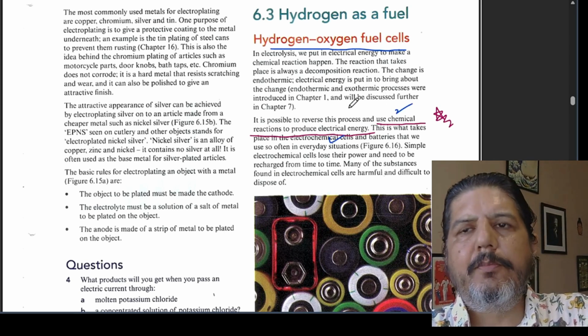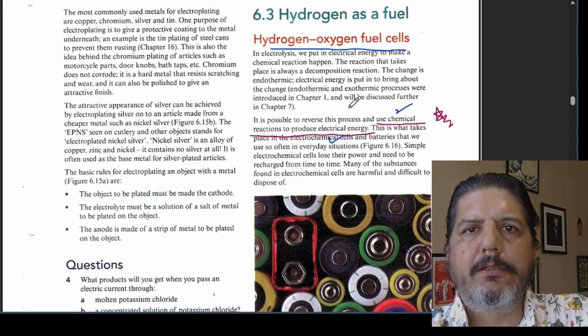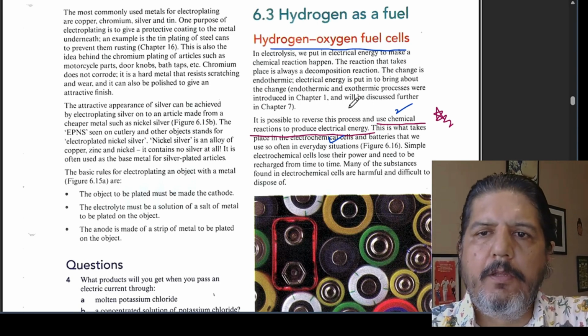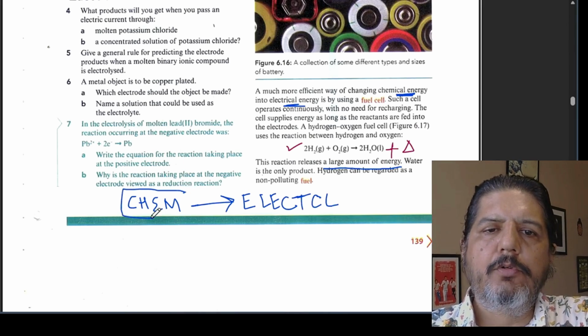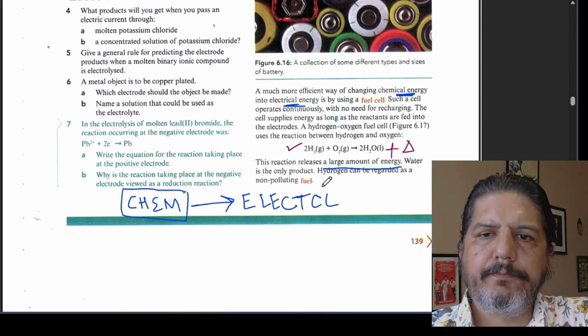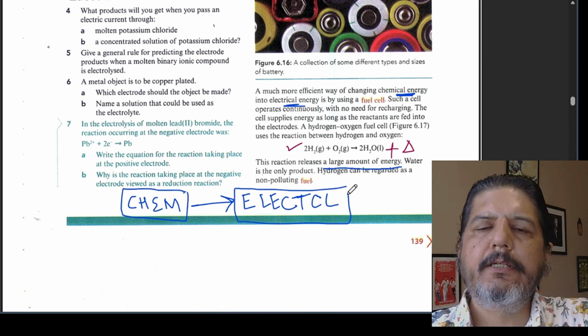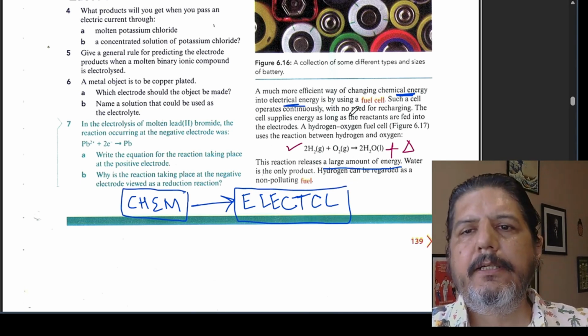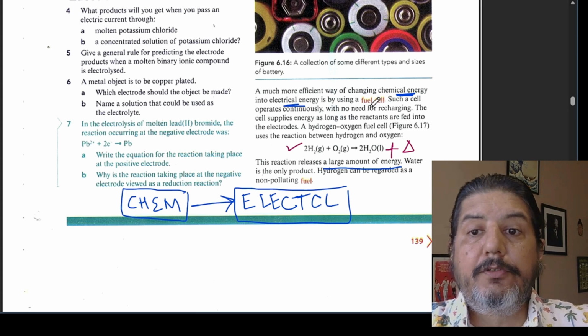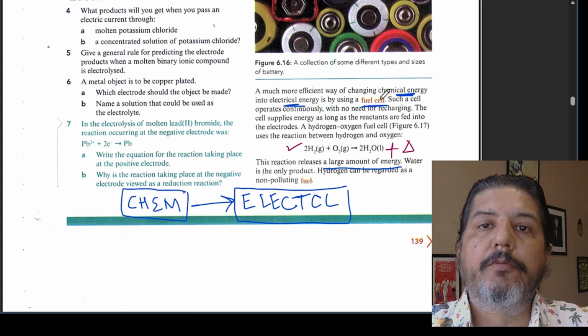So basically, this is the reverse of the process of electrolysis. One thing that you need to understand is that in hydrogen oxygen fuel cells, the chemical energy is getting converted into electrical energy. This is the basic thing that you need to understand. And this is what is called a fuel cell.